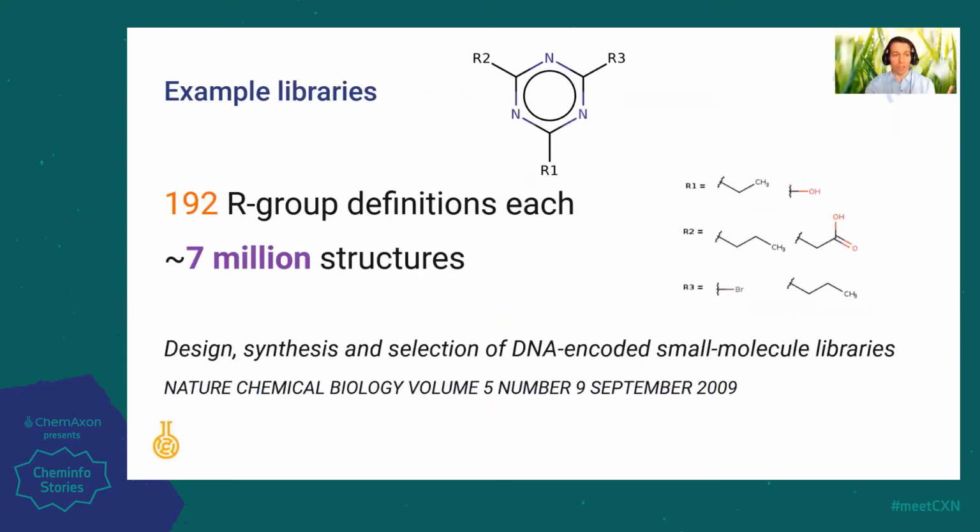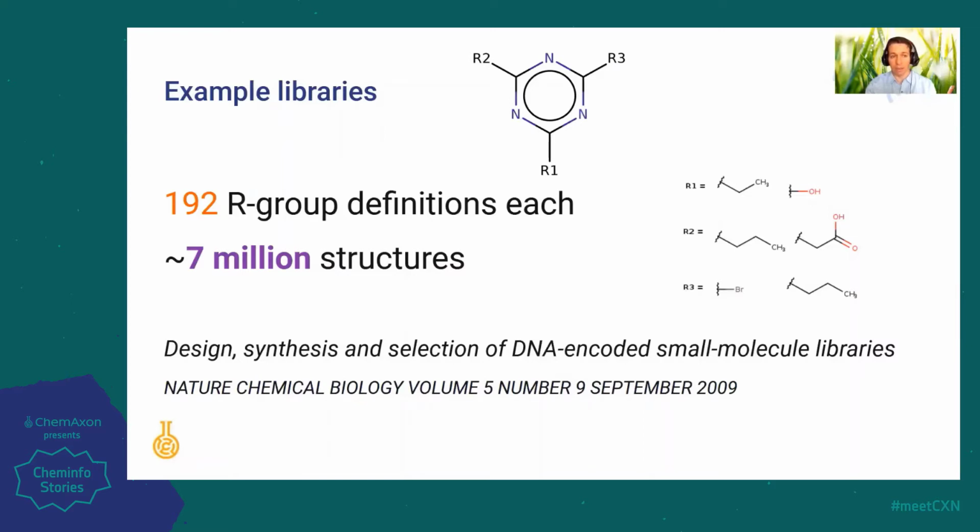We've got two example libraries that we were working on. This is the first one with 7 million structures. Here you see the reaction center, which is a simple one, and 3 R group positions, less than 200 R groups each, but still together combined they create 7 million structures.